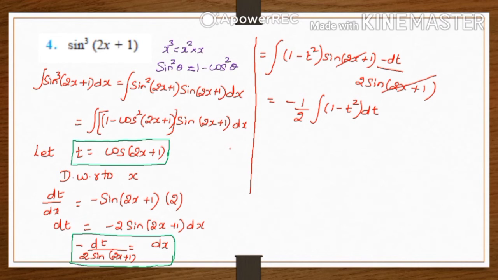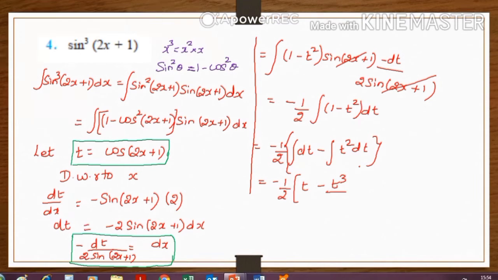So this value is equal to minus 1 by 2 integral dt minus integral t square dt. This 1 by 2 is common, and integral of dt gives us t, minus integral of t square gives us t cube divided by 3.